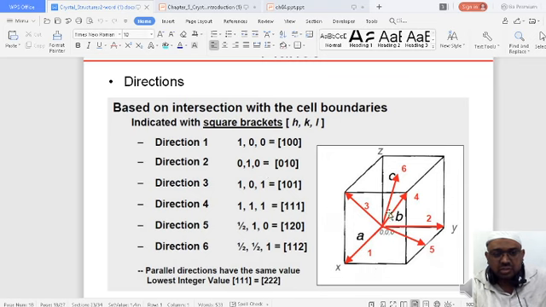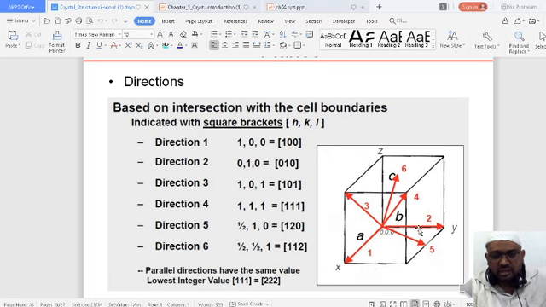And the direction 2, you can see that we are talking about the y axis, therefore 0, 1, 0. Similarly, when you go for direction 3, this line segment is parallel to the y axis, therefore we write 0 here, so we get 1, 0, 1.